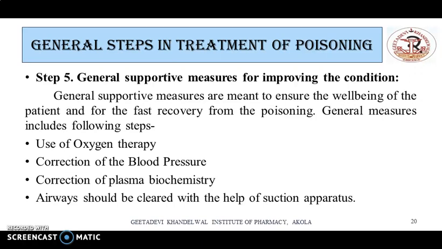So these general supportive measures we apply for improving the condition of the patient. That is, we use oxygen for hypoxia, then correction of blood pressure, correction of plasma biochemistry if acidosis or alkalosis occurs, then airways should be cleared with the help of a suction apparatus.